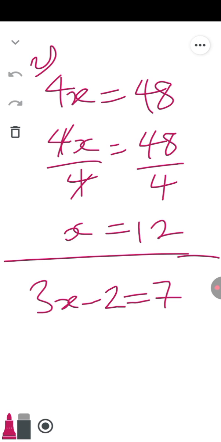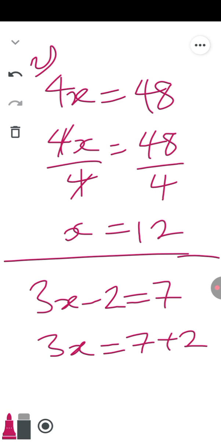In this particular one, I have 3 and minus 2 disturbing my x, right? The first thing I will do is remove minus 2 by collecting like terms. So I will have 3x is equal to 7 plus 2.